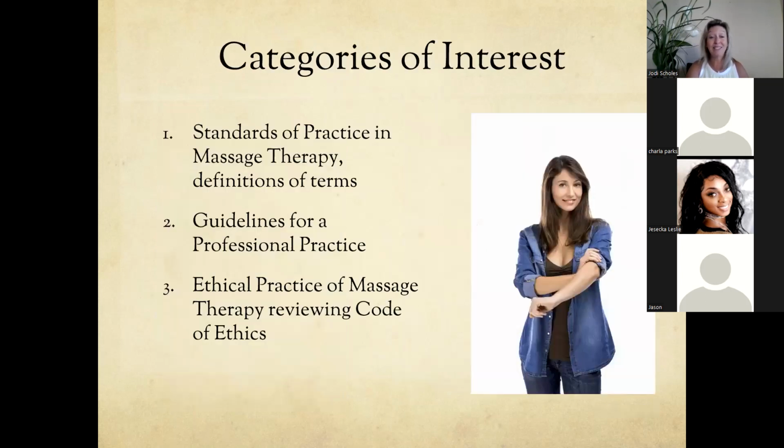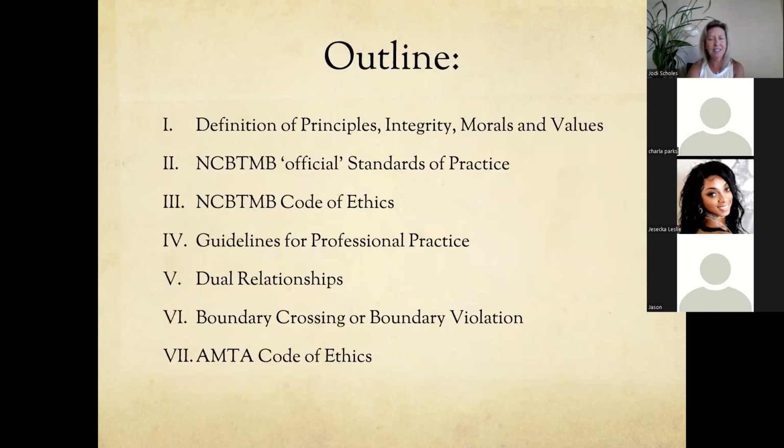So we're going to be talking about standards of practice in massage therapy, some definition of those terms. As I said, we'll be covering guidelines to a professional practice. We can talk about so many different guidelines, but we've picked a few big ones today. And then we're going to talk about the ethical practice of massage and make you aware of the code of ethics. This is stuff that at some point you probably did cover in school.